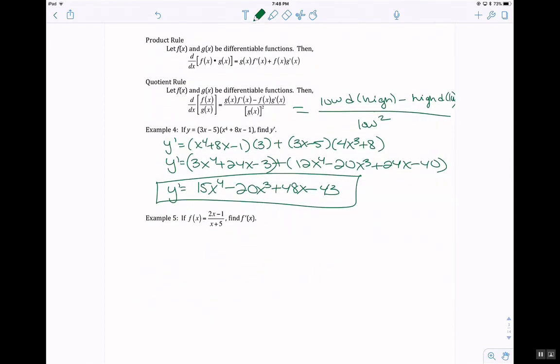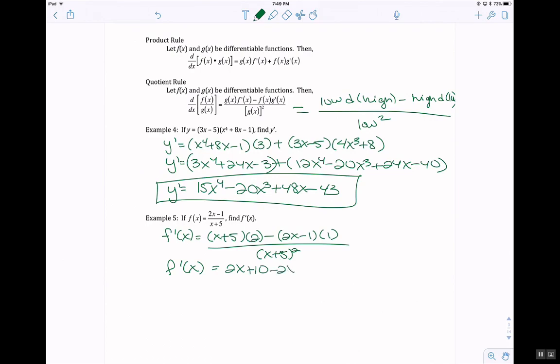Example 5 is quotient rule. So f prime is the denominator times the derivative of the numerator, which is 1, minus the numerator times the derivative of the denominator, which is 1, all over the denominator squared. So f prime of x, 2x minus 10, plus 10, minus 2x plus 1, because I distribute my negative sign to both terms, over x plus 5, the quantity squared.